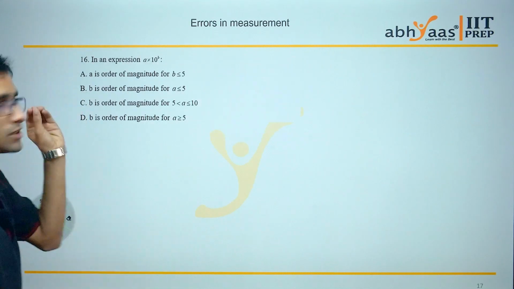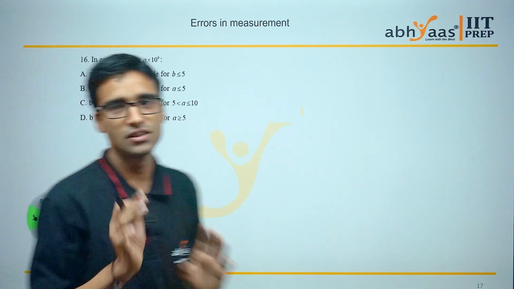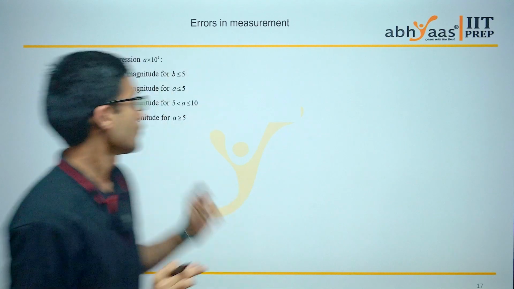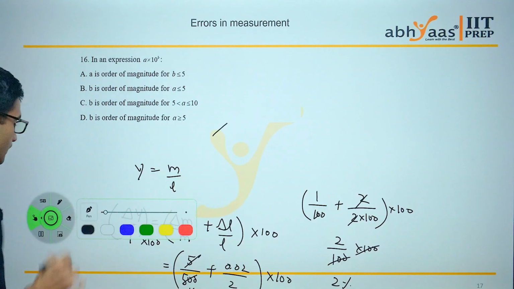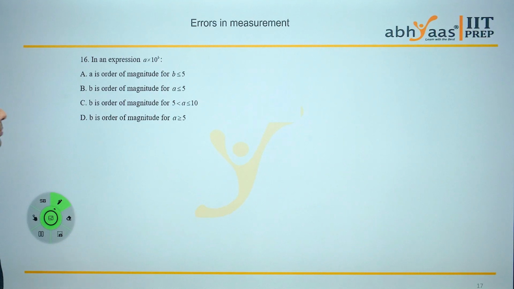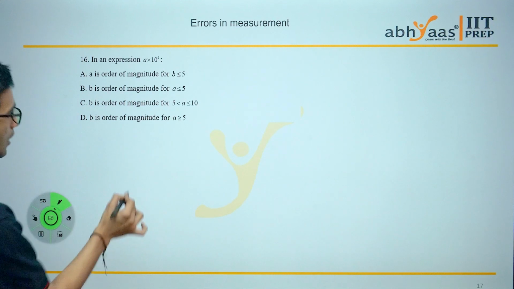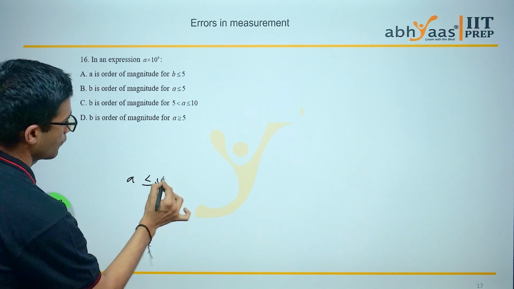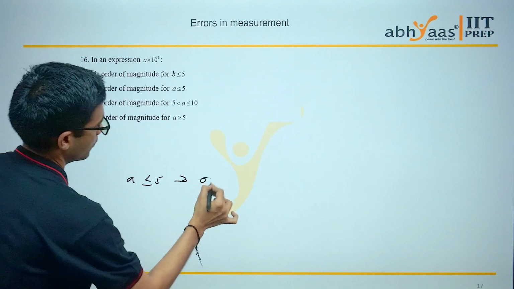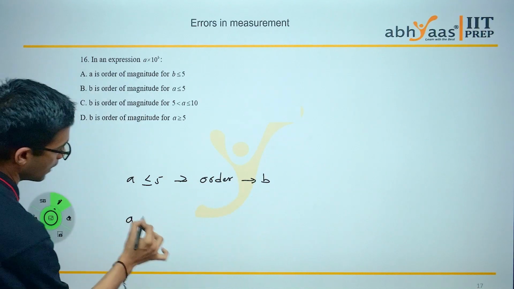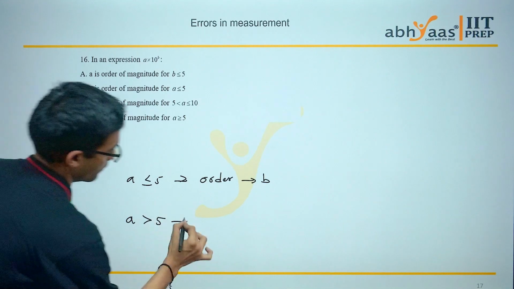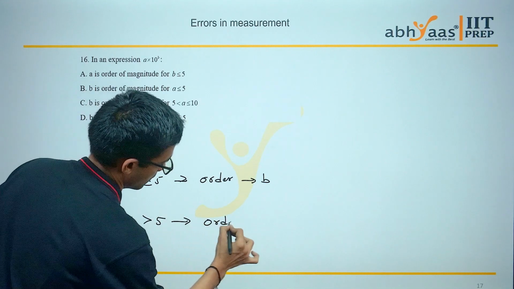So now this is a very simple, very short problem. If you see in an expression a into 10 power b, this is simple mathematics only. A value less than or equal to 5, so order is b only. A value greater than 5, order is what? b plus 1.